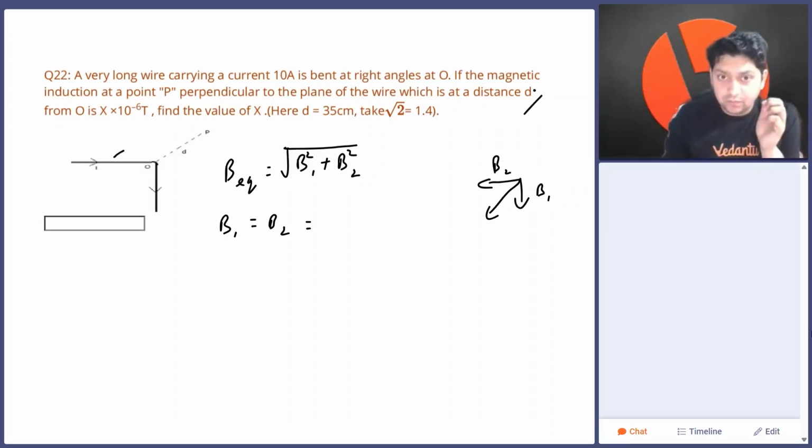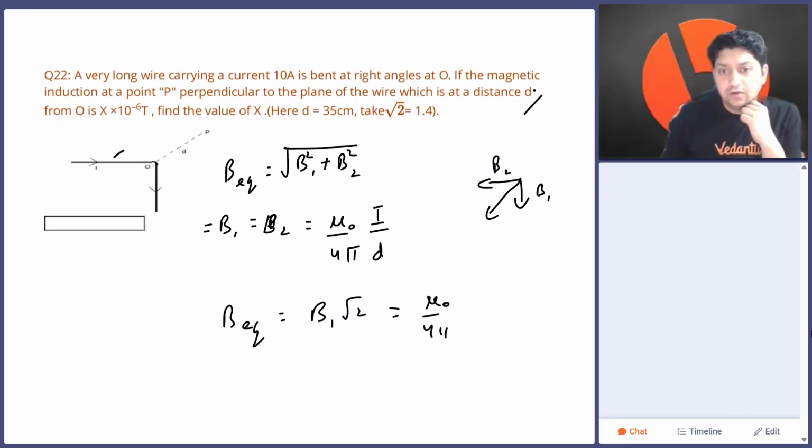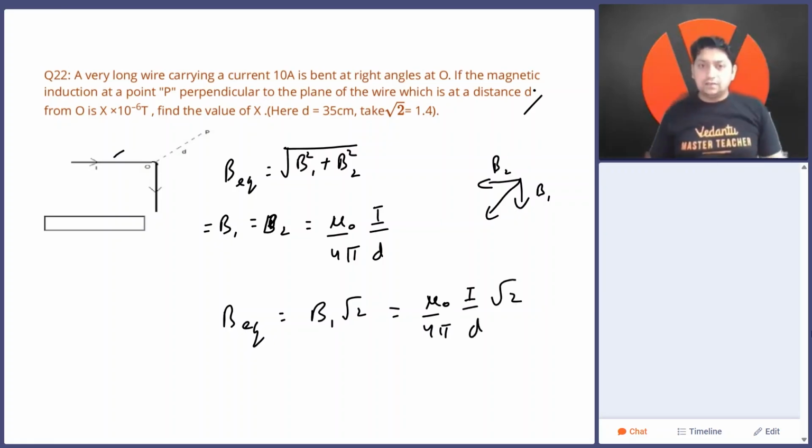It will be equal to what? It will be equal to mu naught upon 4 pi, I by d, right? So B equivalent will be nothing but B1 root 2, right? And mu naught upon 4 pi, I by d into root 2. This will be giving us the correct answer.